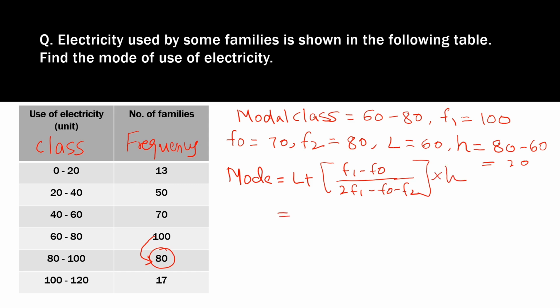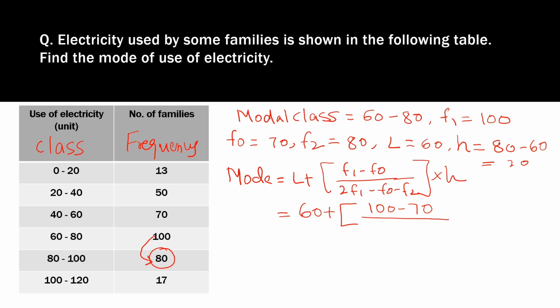So L, what is L? You can see L is 60, right? L is 60, plus F1. What is F1? F1 is 100, minus F0. What is F0? 70, whole upon 2F1.